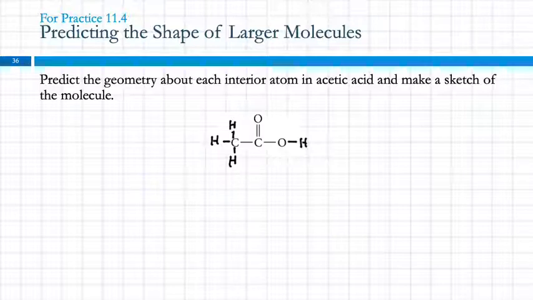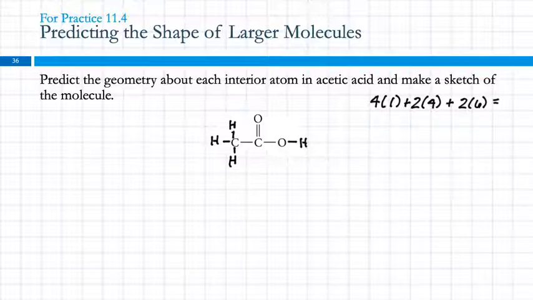So if we count up electrons, we have 4 hydrogens, each with 1 valence electron. We have 2 carbons, each with 4 valence electrons, and 2 oxygens, they each have 6. So 12 and 8 is 24.